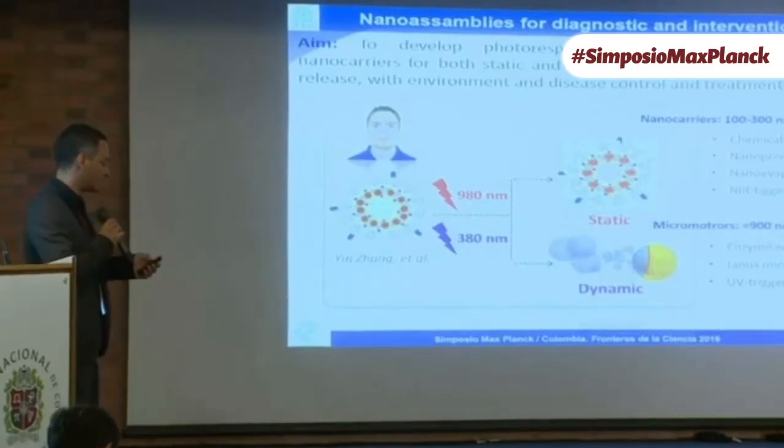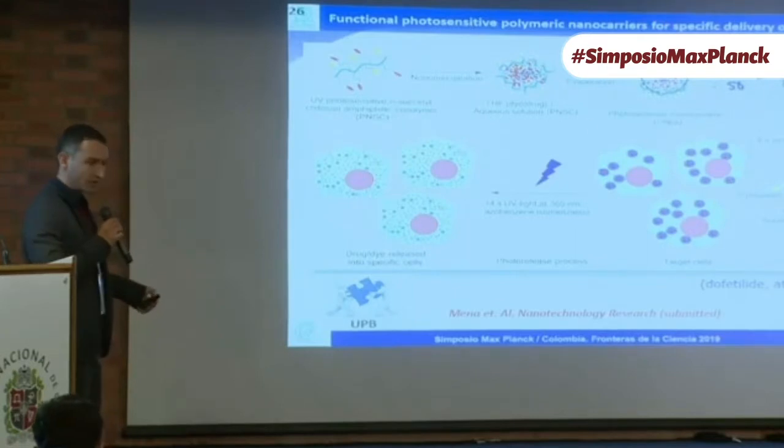In the last research line, we have developed different nanoparticles and microparticles, even photosensitive to UV light or near infrared. They can be static or even self-propelled in a medium for different purposes, for biomedical or environmental remediation purposes. This is one of the examples when we encapsulate dofetilide.